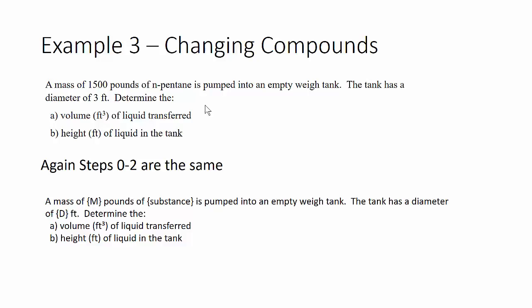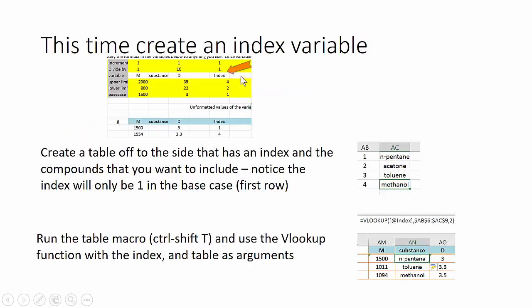The final example is where we're going to change the compound. Instead of giving the specific gravity, we're going to change the compound. So again, steps 0 to 2 are the same. We'll just replace the values with the letters in brackets. Now we'll make an index variable, the index at the base case being 1, and 2 to 4 for all other values.